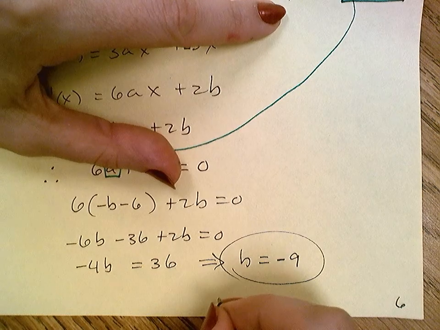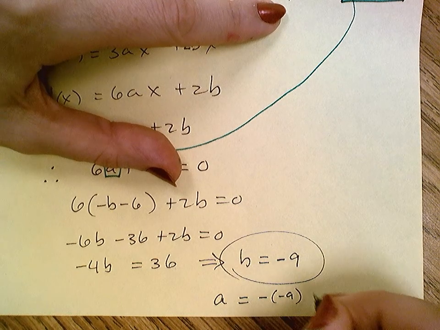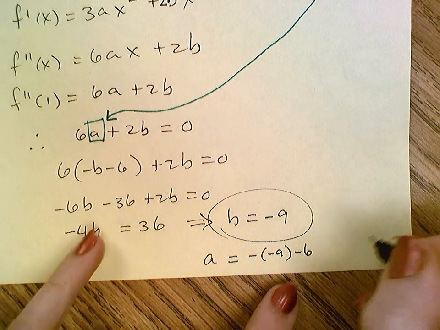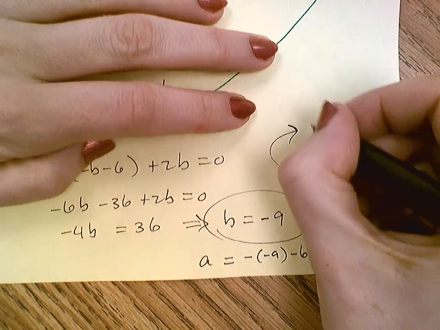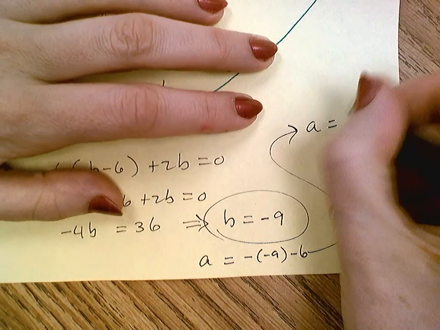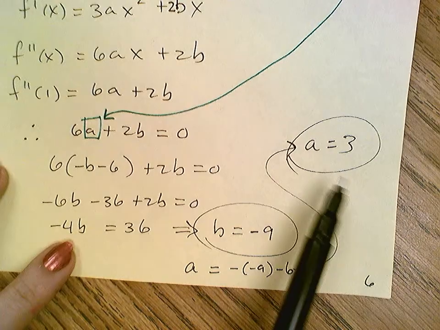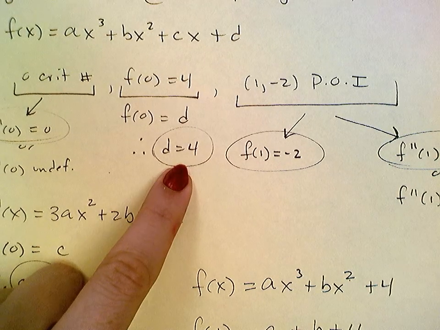So a is equal to negative b minus 6, which is positive 9 minus 6, so a is 3. Okay, so we have a equals 3, b equals negative 9, c equals 0, d equals 4.